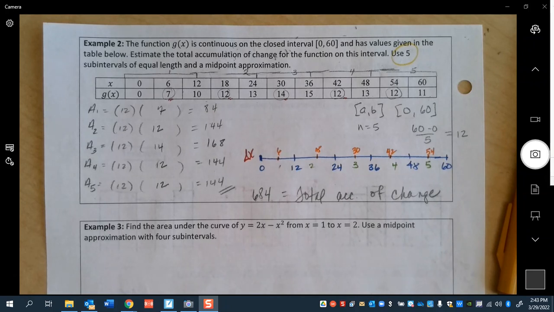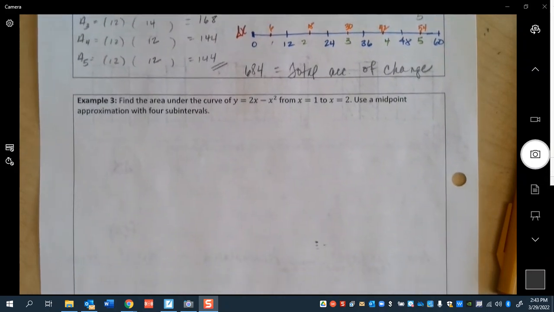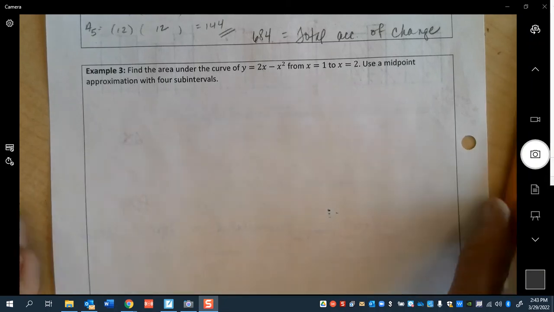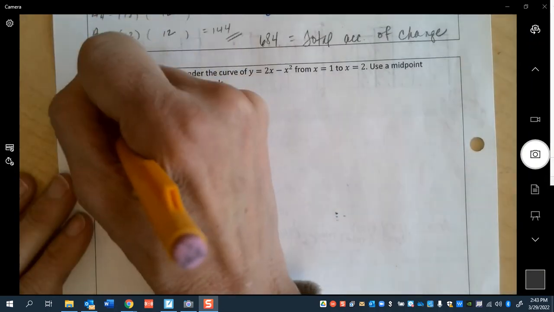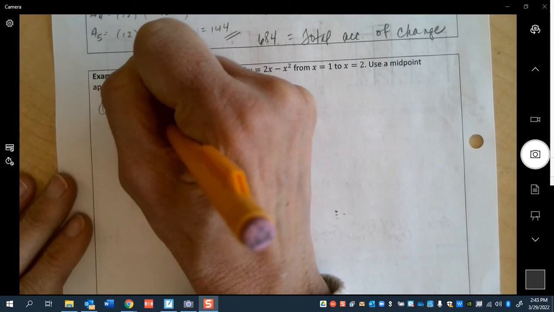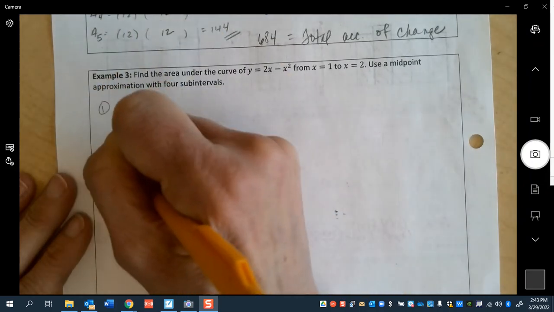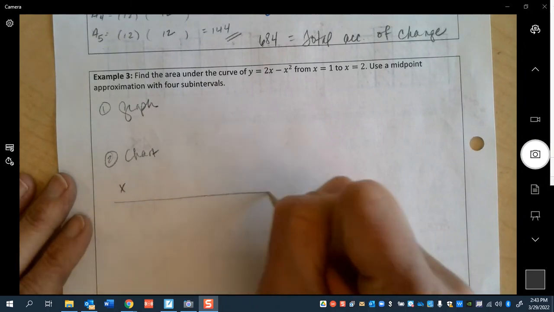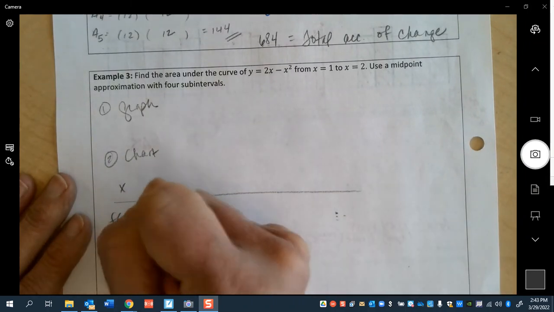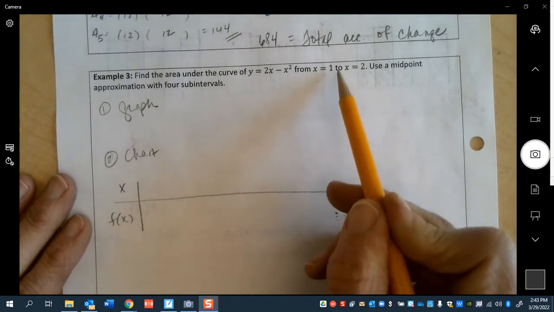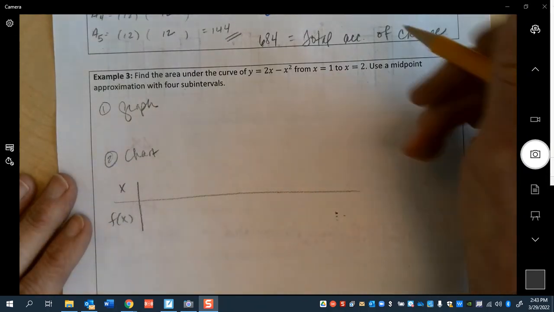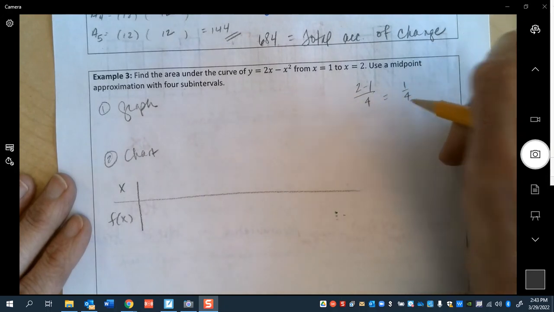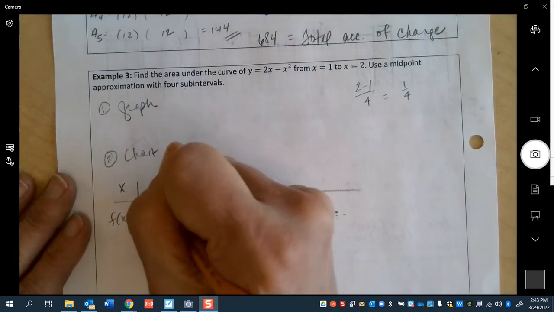All right, last example. Find the area under the curve of that from 1 to 2. Use the midpoint approximation with 4 subintervals. It is your choice whether you want to use a graph or whether you want to use a chart. My advice is to get used to using the chart, because if you're looking at it with 4 subintervals, 2 minus 1 divided by 4 means that you're going up by quarter points.